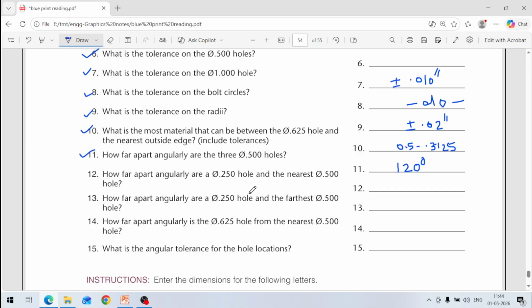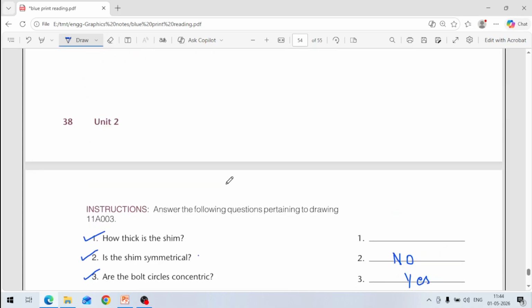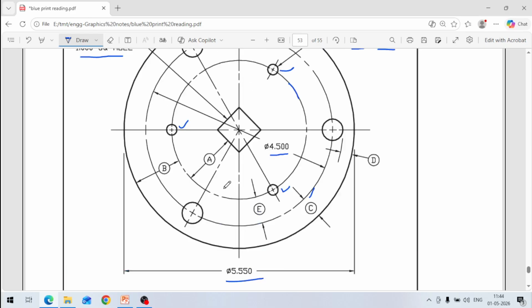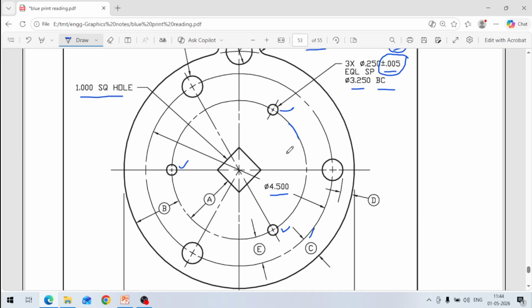Question number 12. How far apart angularly are the 0.25 hole and the nearest 0.5 hole? The 0.250 hole is this.